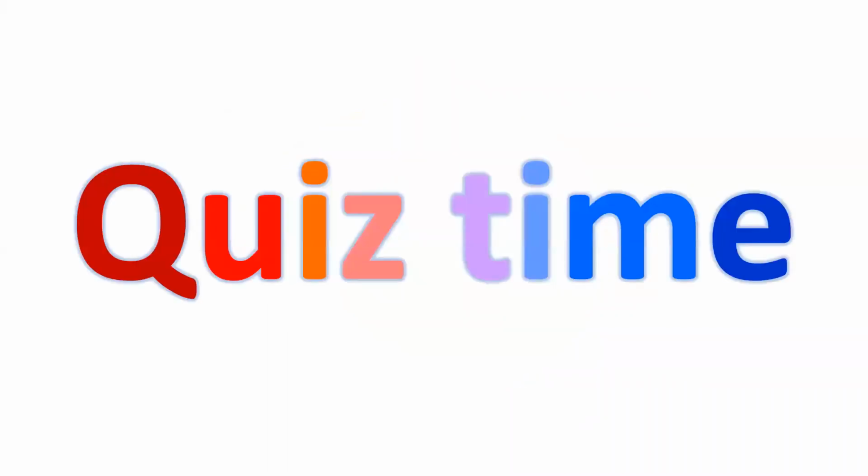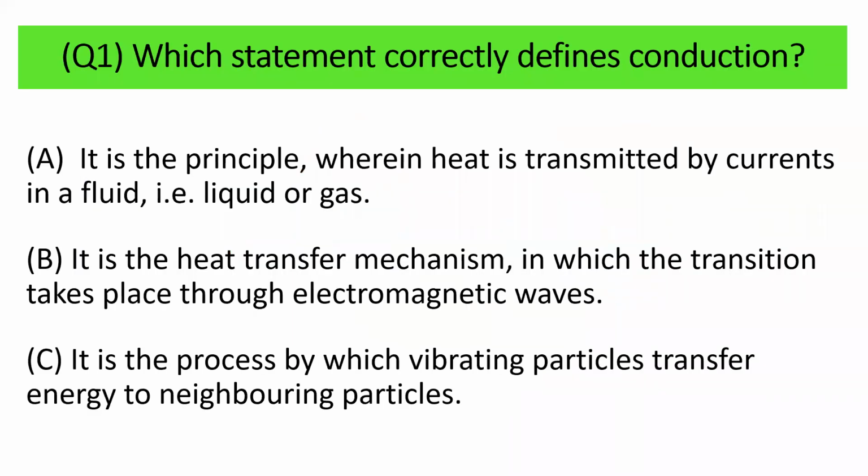So how much have you understood from this tutorial? We're going to have a little quiz now, so if you've got a pen and paper, have it ready. Question 1, which statement correctly defines conduction? Is it A, a principle wherein heat is transmitted by currents in a fluid, i.e. a liquid or gas?